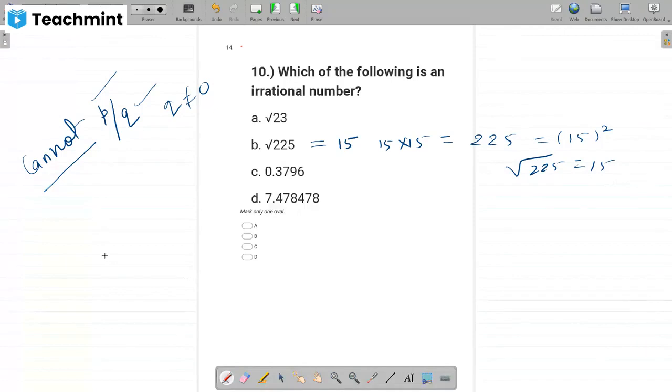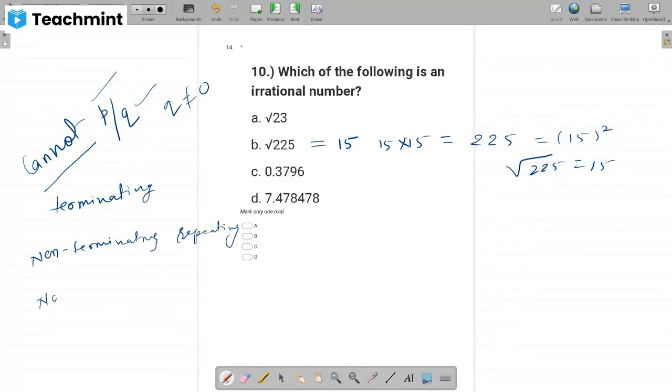There are three terminologies. First, terminating, which means it stops. Second, non-terminating and repeating, which does not stop, and the digits are repeating after the decimal.